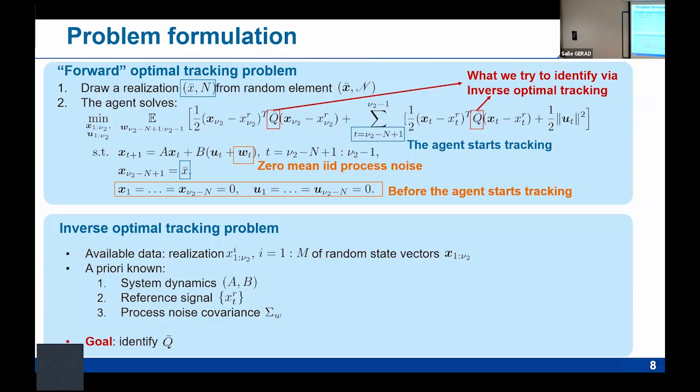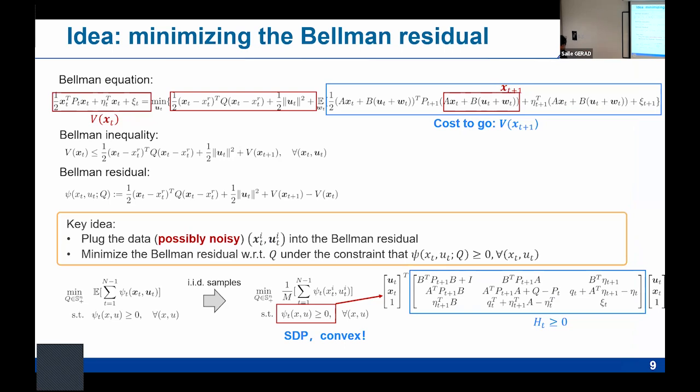What is known a priori is the system dynamics A and B, because you can always identify the crank motor, and then you have the reference signal and the process noise covariance sigma W, which you can identify using experiments. But the goal is to identify Q. So how do we do that?